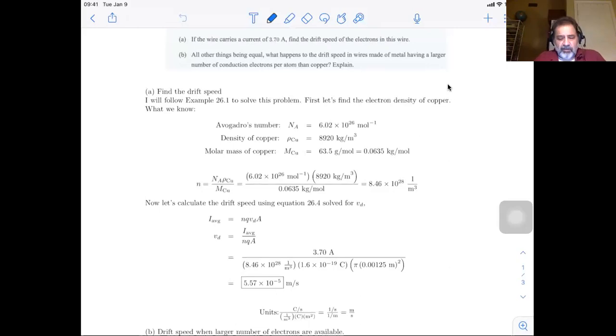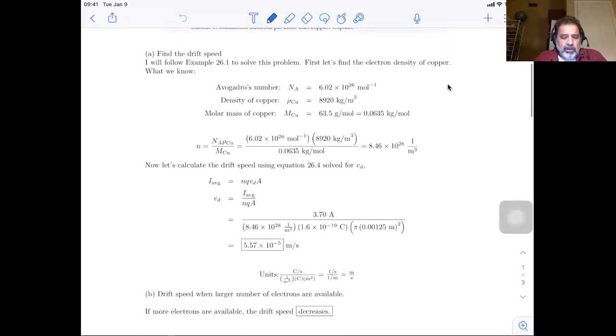What we know: Avogadro's number is 6.02 times 10 to the 23 inverse moles. The density of copper is 8,920 kilograms per cubic meter. And the molar mass of copper is 63.5 grams per mole, which is 0.0635 kilograms per mole. So then let's calculate the electron density, N_A times the density of copper divided by the molar mass of copper.